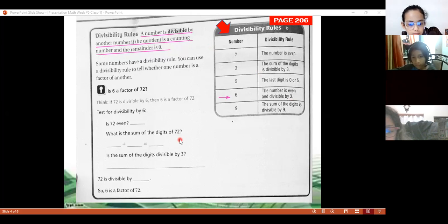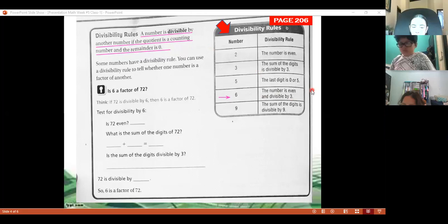Odd and even. Odd when it's 5, 1, or 7, and even if it's un número par. Okay, do you remember that? Is the answer of your classmate correct? Yes, you learned odd and even. It's correct. Now, using the information of your classmate, is 72 even, yes or no? Yes, it's an even number.